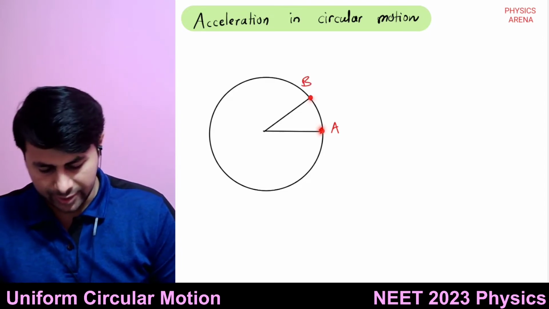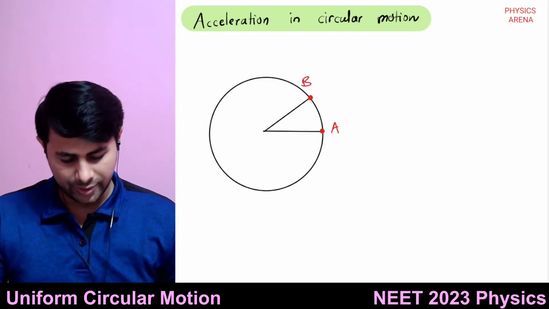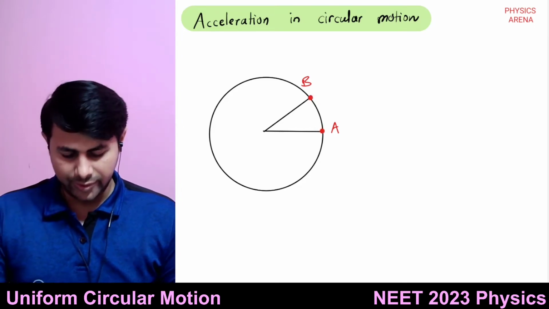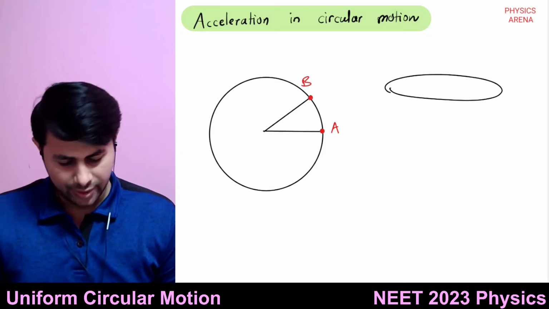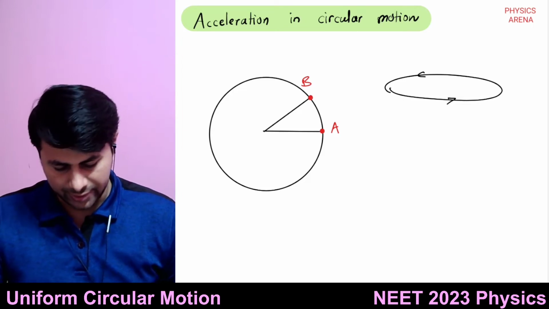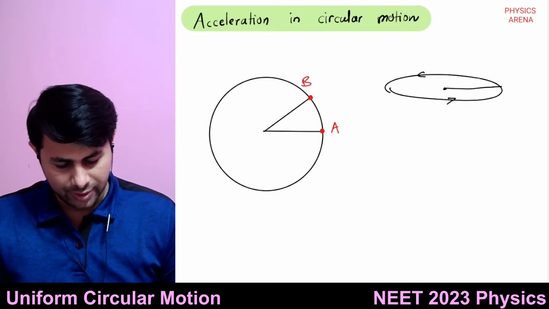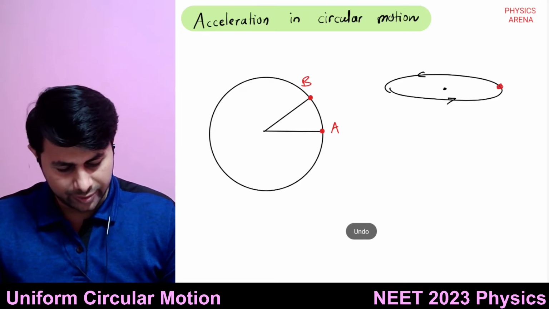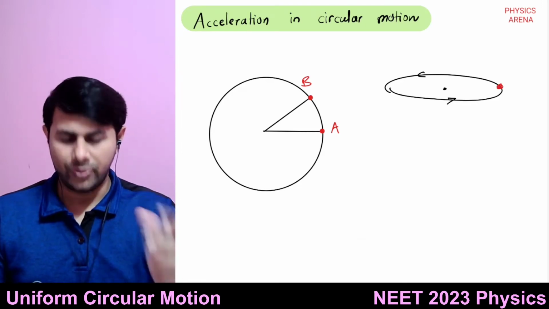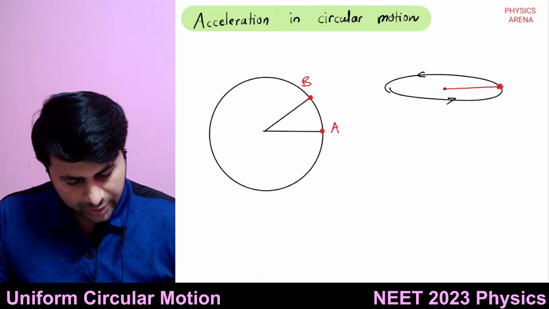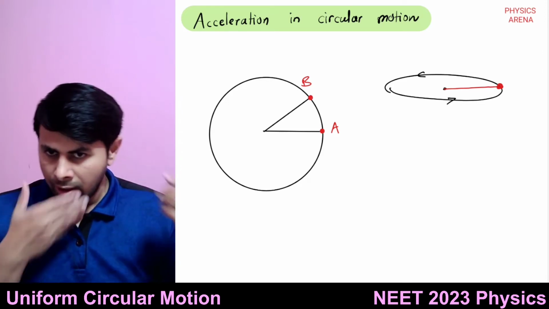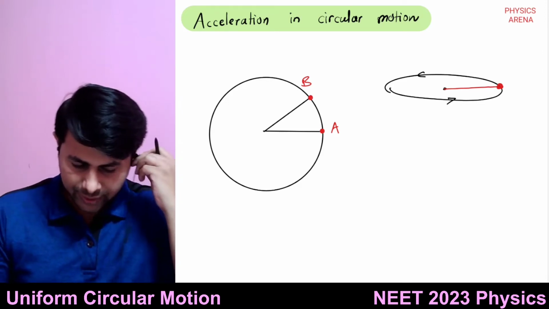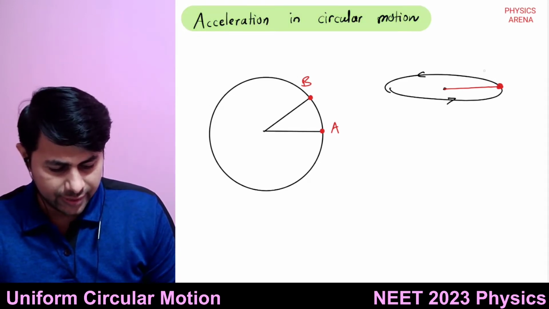Suppose you take a stone and whirl it in a horizontal circle in an anti-clockwise sense. If you release the string when the stone is at this point, in what direction will it move? It is moving along the tangent.